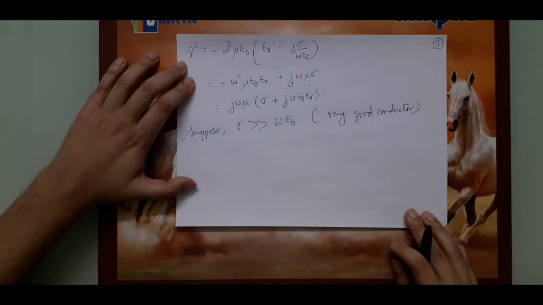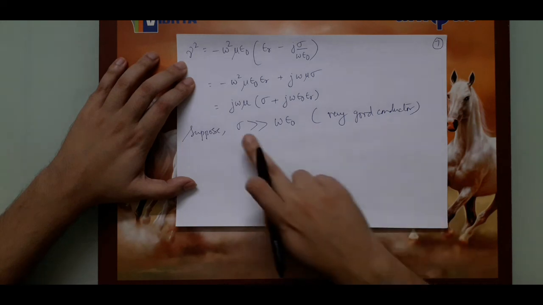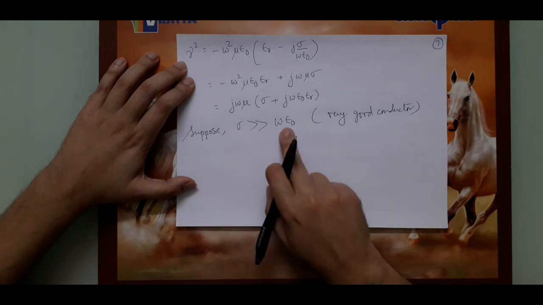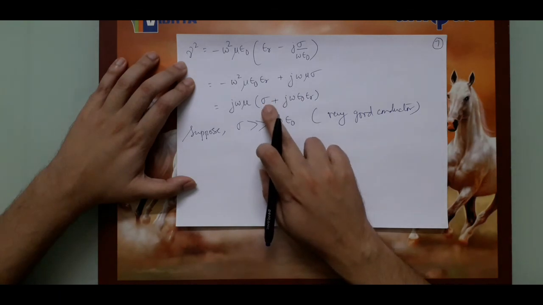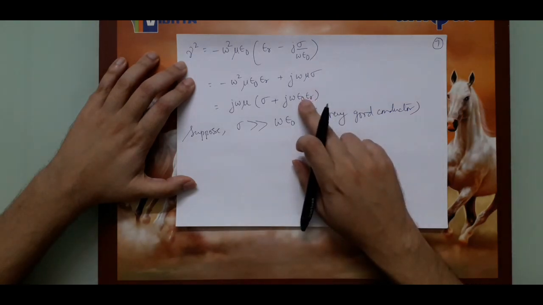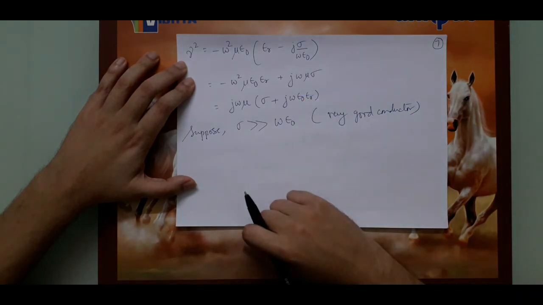Now what will happen? If sigma becomes very high as compared to this omega epsilon 0, inside the bracket the real term will start to dominate and the imaginary component will start becoming negligible.